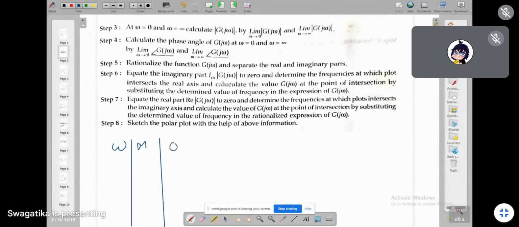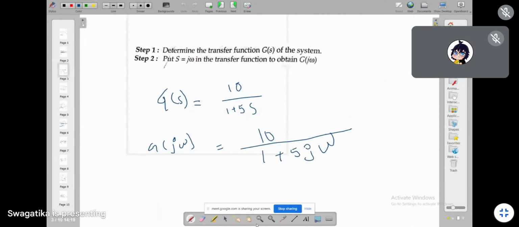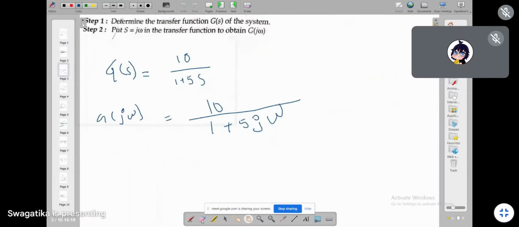First I will take omega equals 0, then omega equals infinity. What will be the magnitude and phase? How will I calculate? First I will take the magnitude. This is my transfer function. So the magnitude of G(j omega) will be.